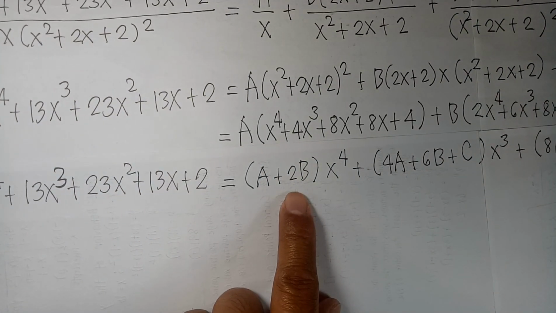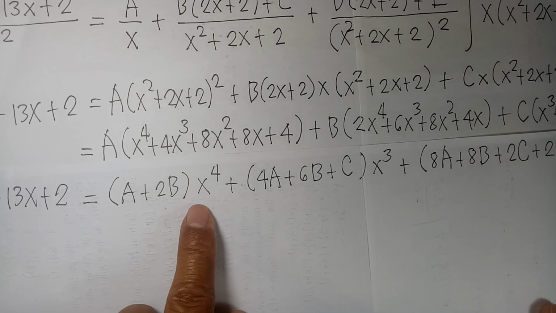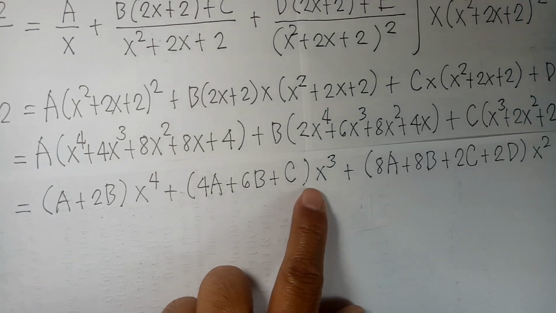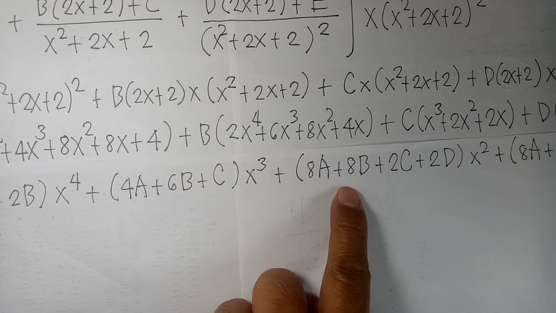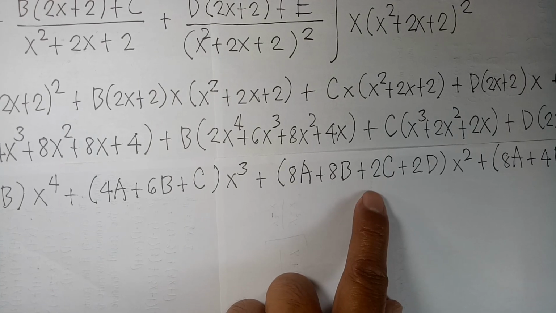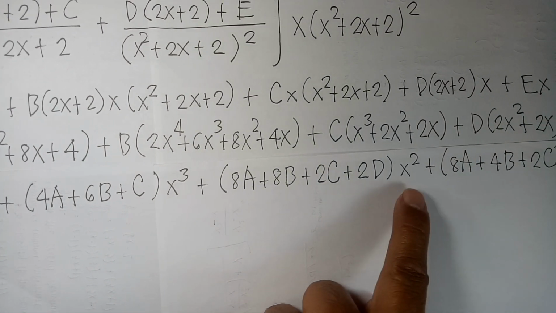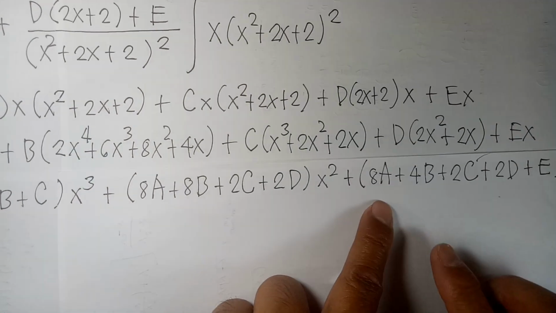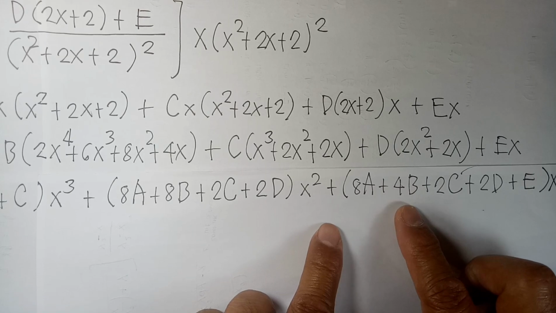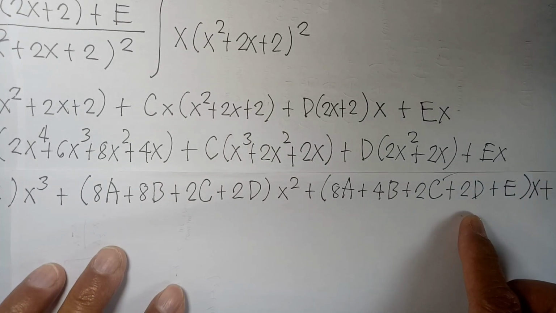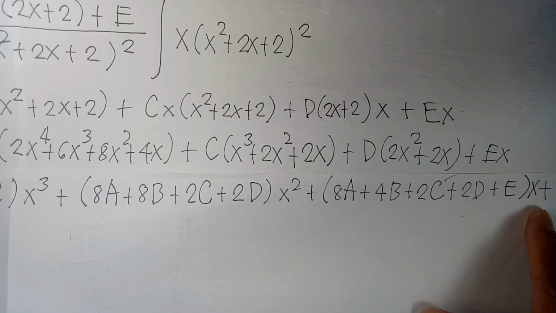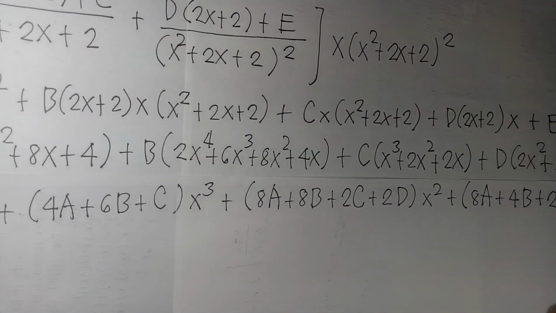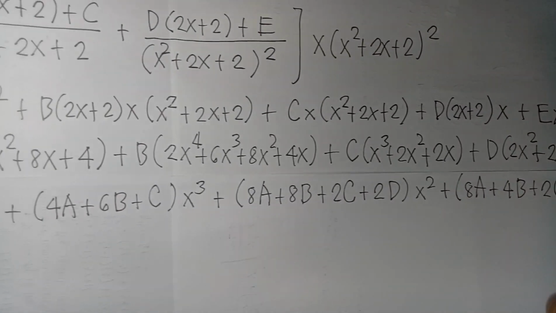A plus 2b times x to the 4th, and then plus 4a plus 6b plus c times x cubed, and then plus 8a plus 8b plus 2c plus 2d times x squared, and then plus 8a and then plus 4b plus 2c plus 2d plus e times x, and then plus 4a.